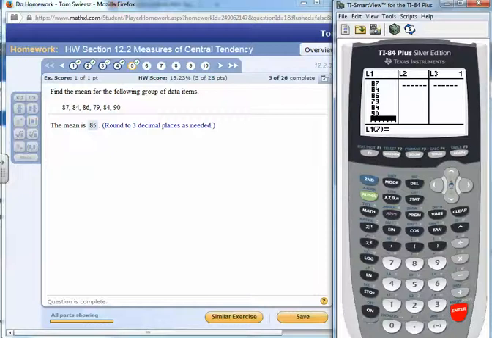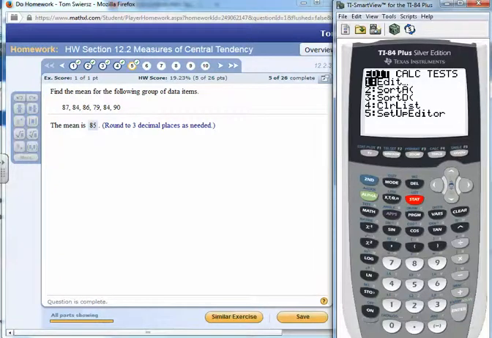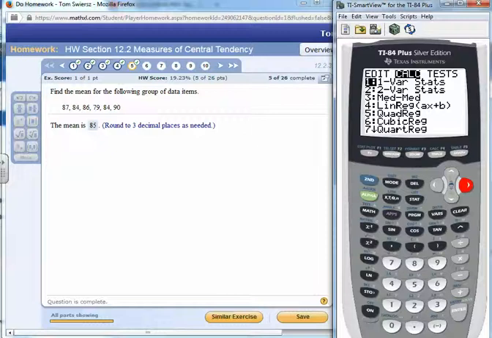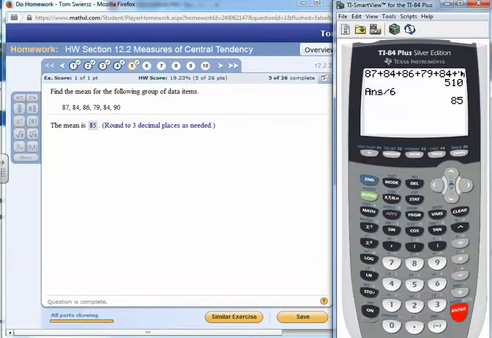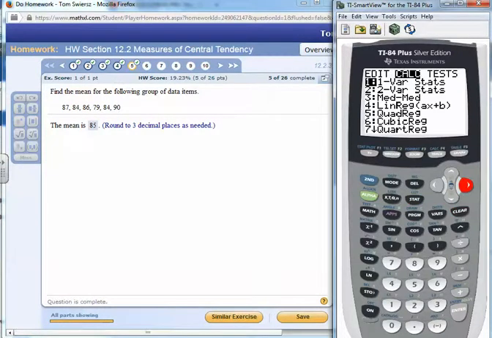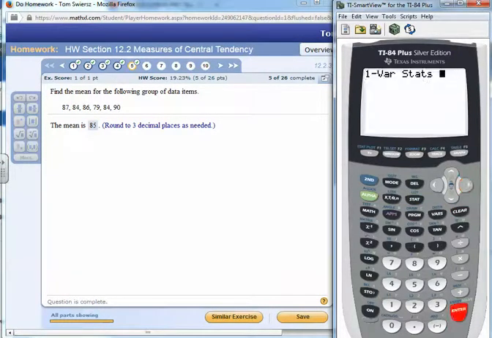Okay, once you have the values in L1, go back to your Stat key, the same key you hit before, but now go over to Calc. Use your right arrow key, hit calculations. We're always going to do one variable for these problems. It's always highlighted, so you can just hit enter. Let me clear out the screen so we're not confused. So we hit Stat, right arrow to calculations, hit enter.